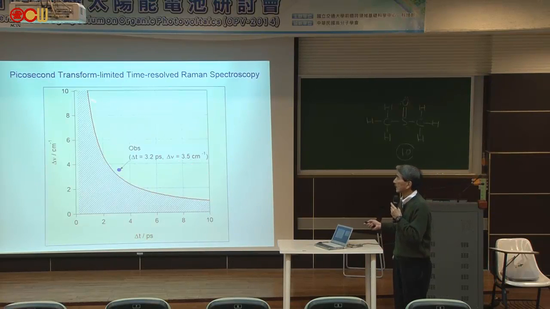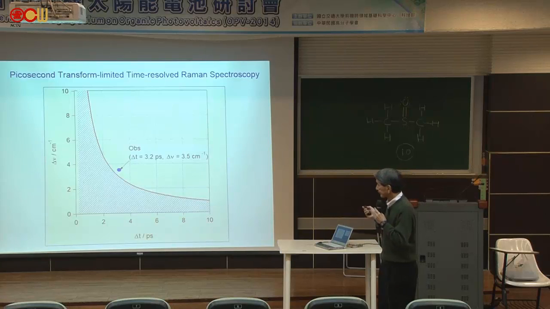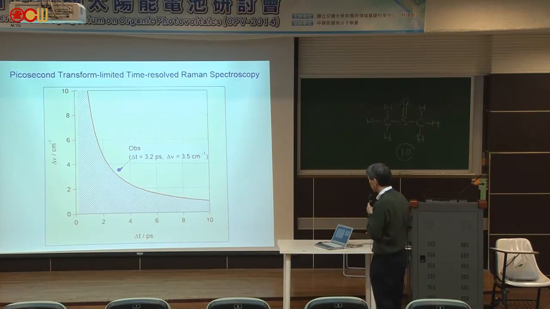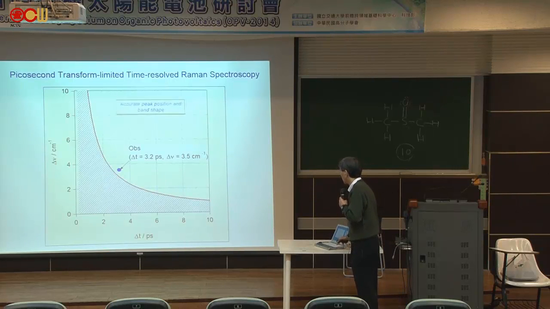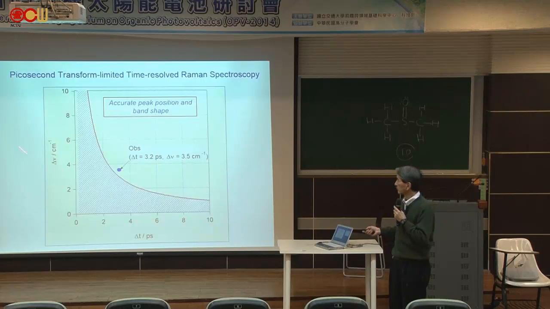This is what's called transform limited. So we optimize both characteristics of the pulse and do time-resolved Raman spectroscopy. Then we can determine the peak position very accurately because we have a nice resolution.